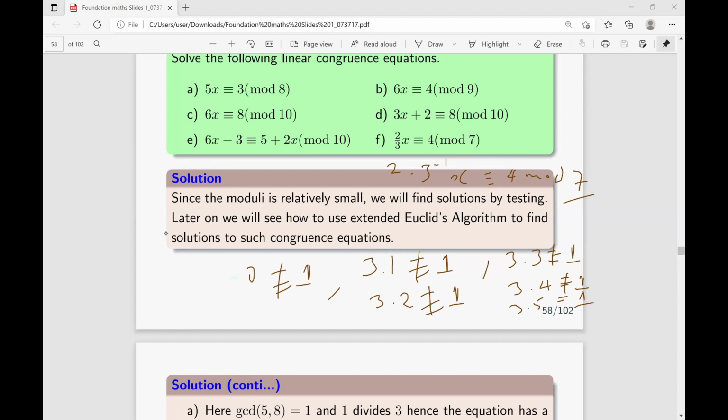Since we have the inverse, we can rewrite this equation. We have the inverse of 3.